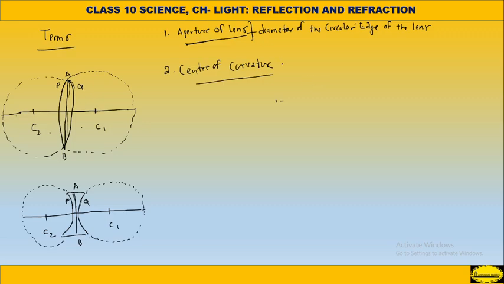So here we will see that a lens, either it is convex or concave, has two spherical surfaces, and these spherical surfaces are the part of a sphere, and the centers of the sphere are called centers of curvature, and here we have denoted them with C1 and C2.